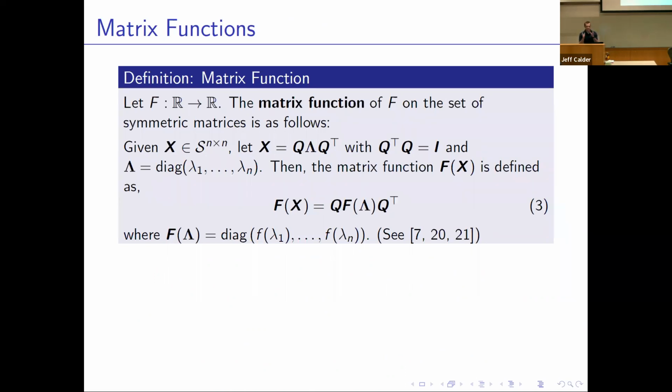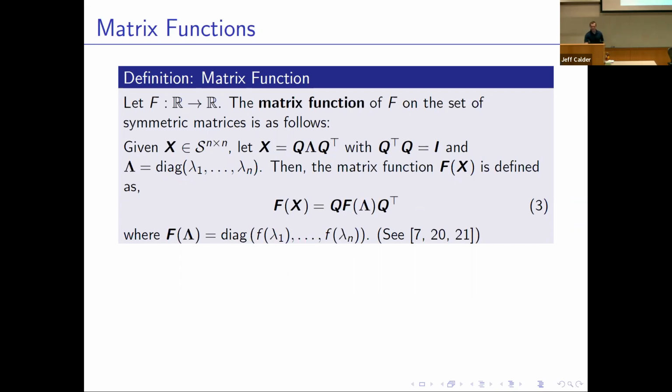So you give me your function that you care to use that maps the reals to the reals, and I'm going to operate on the eigenvalues in the spectral decomposition. So my matrix function is going to take X, I perform my spectral decomposition, and then I'm going to apply my scalar map, which this should be a capital F right here, not a lowercase f, to the individual eigenvalues.